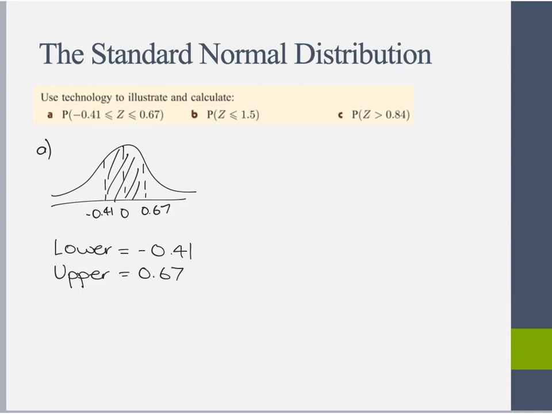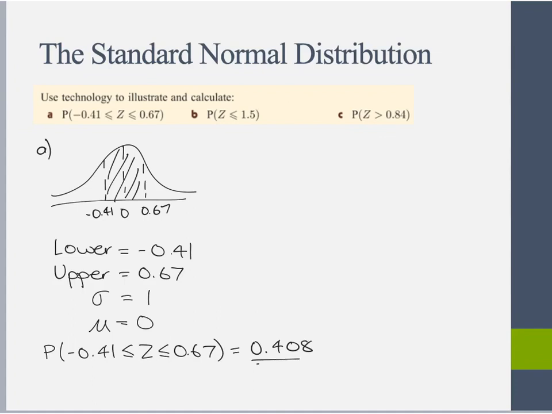And our standard deviation is 1 and our mean is 0, because that's always the case for standard normal distributions. And so we should get that the probability of negative 0.41 less than Z less than 0.67 is equal to 0.408. And I hope that makes sense.